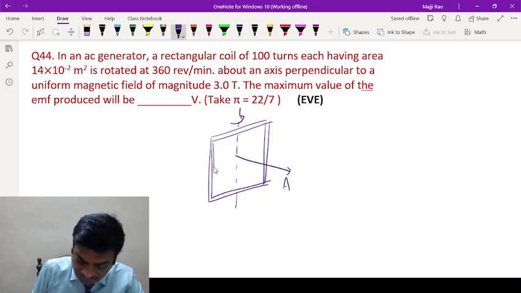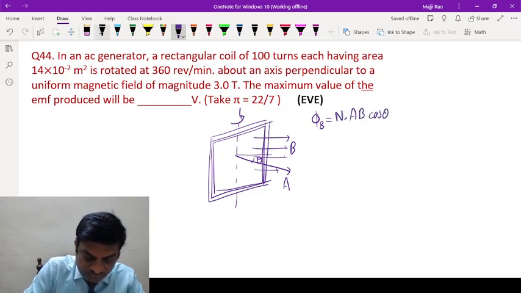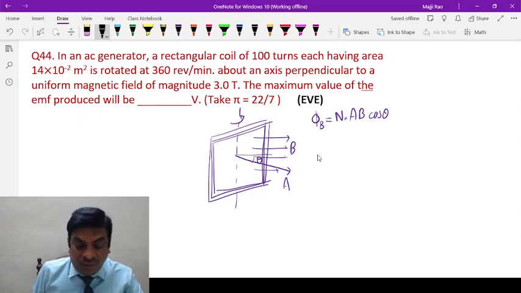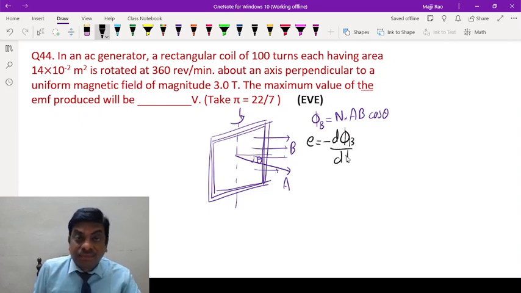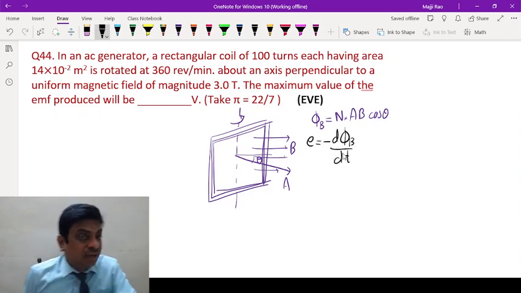This is the area vector and the magnetic field lines will be like this. So if you calculate the magnetic flux, it is number of turns into A into B into cos theta. Now as per Faraday's law of electromagnetic induction, induced EMF will be minus d phi by dt.